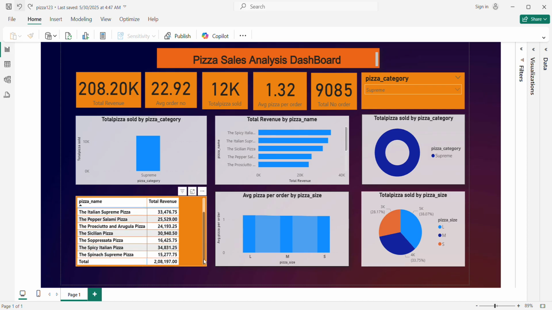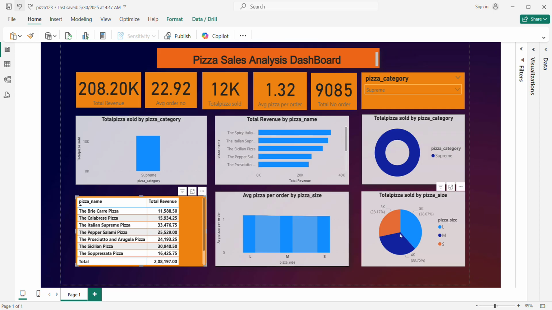It shows the total revenues of the pizza and its categories, including different pizza names and overall pizza sales. This comparison shows equal sizes like large, medium and small. It is equally ordered by pizza size.